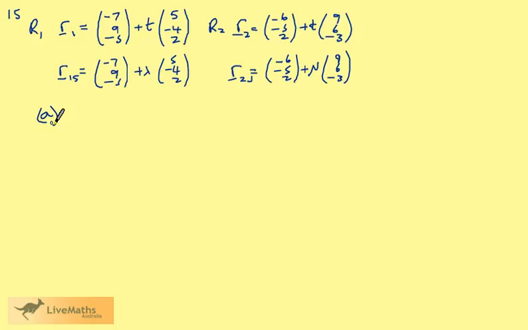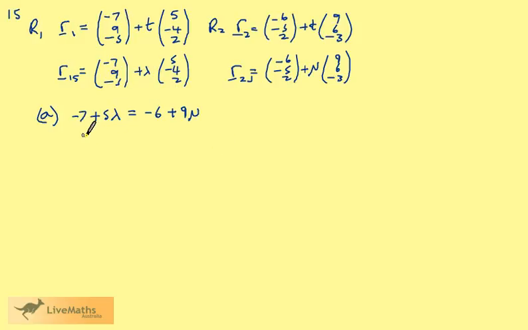We're told that the rockets do not collide, but their smoke trails do intersect. We want to find the coordinates of the point at which the smoke trails intersect. So we want the intersection between these two lines. Equating i components, we get negative 7 add 5 lambda is negative 6 plus 9 mu.